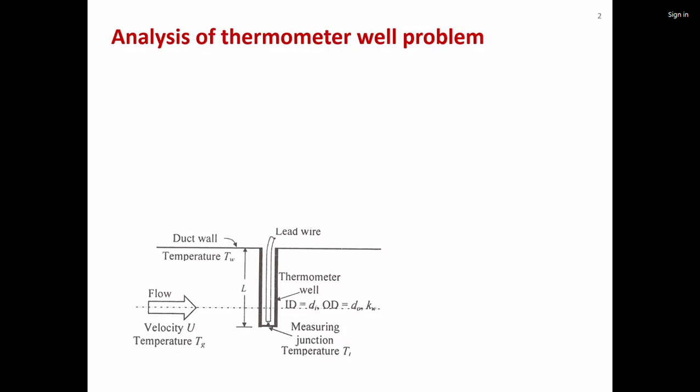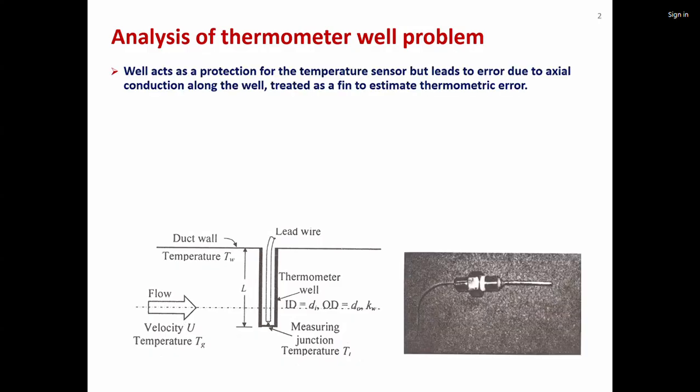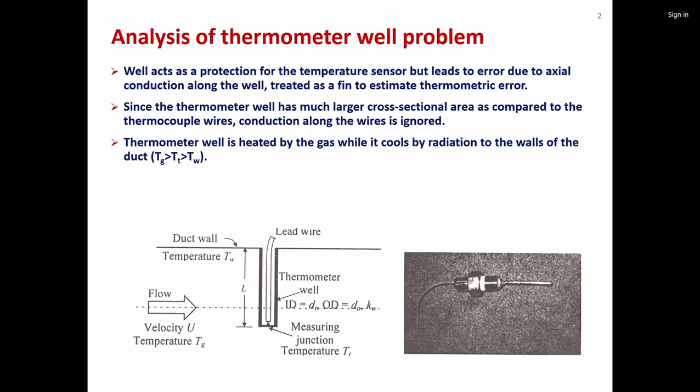But in applications where temperatures are significant, you cannot neglect the radiation heat transfer that happens from this well surface and the ambient, in this case, the duct wall. So you have to consider the convection heat transfer, conduction heat transfer, and radiation heat transfer. 3 different kinds of heat transfers we have to consider here.